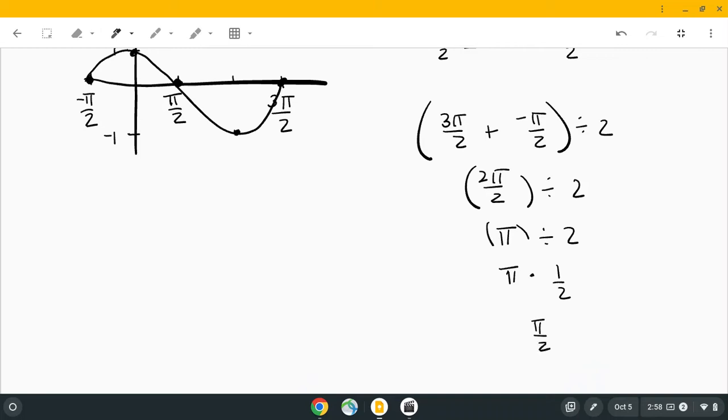So that's just pi over 2. That's how you can get the middle. If you want to find out what the middle is between here and here, you could add pi over 2 and negative pi over 2 and then divide by 2. If you want to find the middle between here and here, you could add these two numbers and divide by 2.